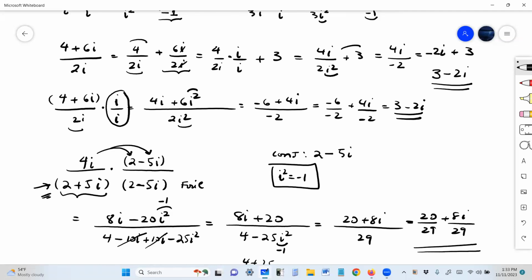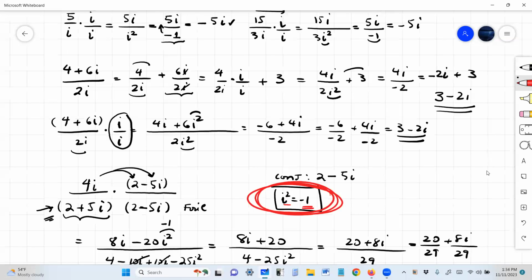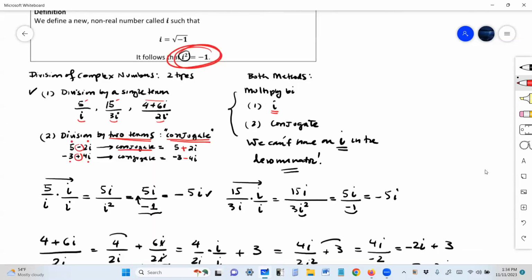Always remembering that if you do have an i squared, you have to make the substitution, because at the very, very end of the procedure, as I mentioned before, let me remind you, we cannot have an i or i squared in the denominator. So that ends the process of the division of complex numbers.